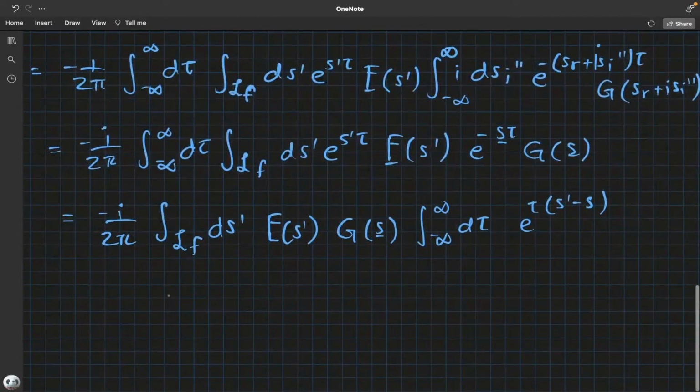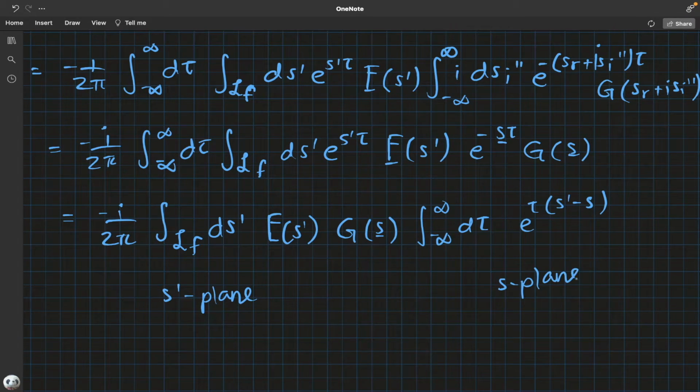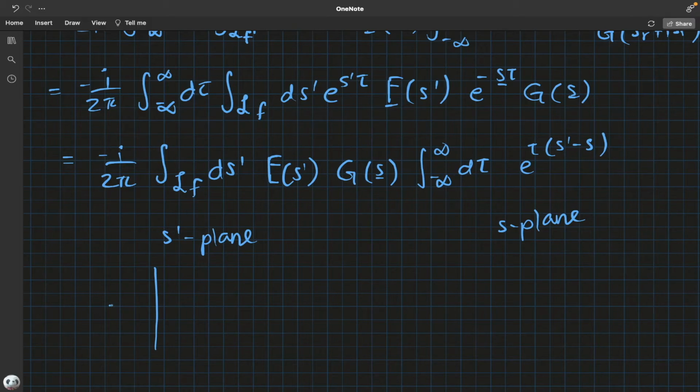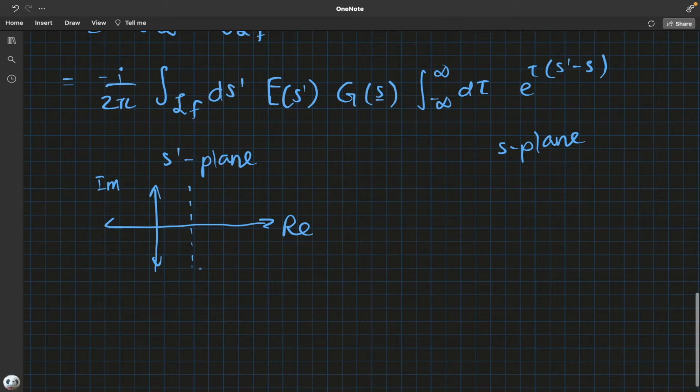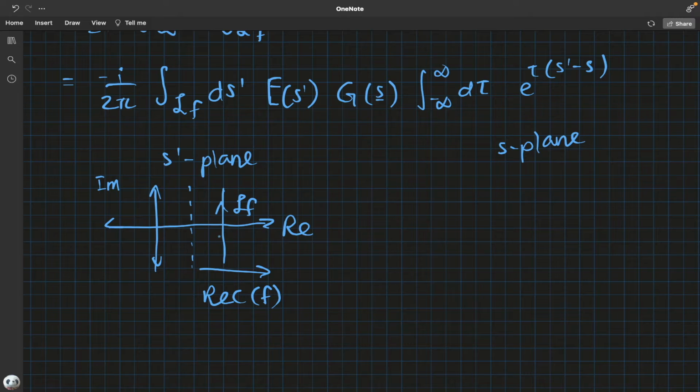So let me draw an S prime plane, and the S plane. So in the S prime plane, we don't know what the characteristics of f of t are, but let's just assume there's some line which you cannot exceed, and from that line to infinity is the region of convergence of, you guessed it, f. That's the S prime plane. Maybe have an arbitrary line here, placed in the region of convergence, the line of inversion.